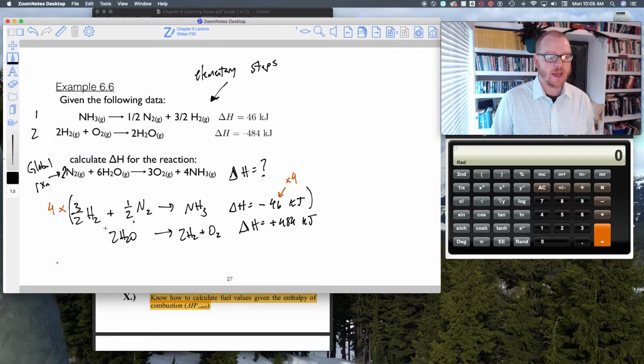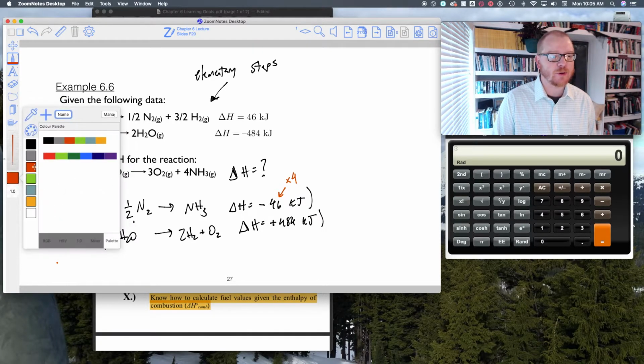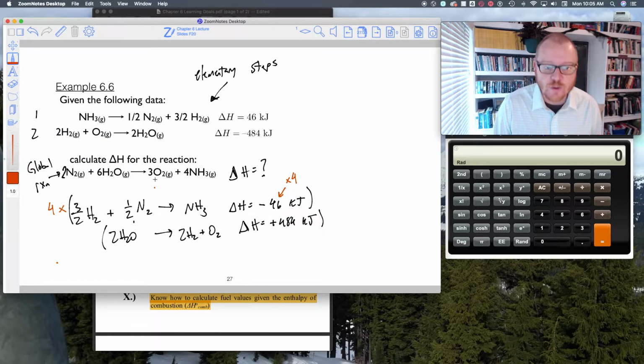All right? And so now I'm going to need to do the same on this reaction. And what I'm going to do, I'm going to scan through and see, so for example, I've got 3 oxygens right here, but I've got none. So I'm just going to say times 3. And yes, that's going to be perfect because, right, I need 6 waters and then the 3 times 2 is going to give me my 6 waters.